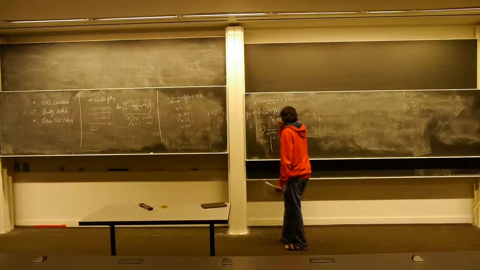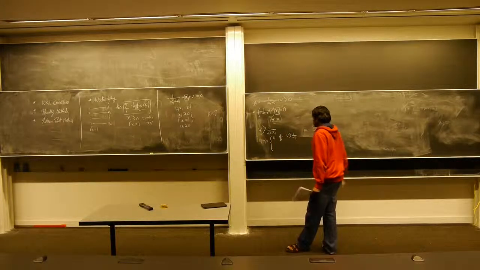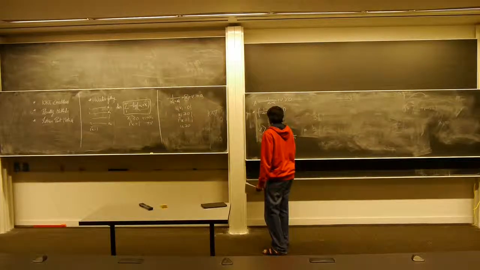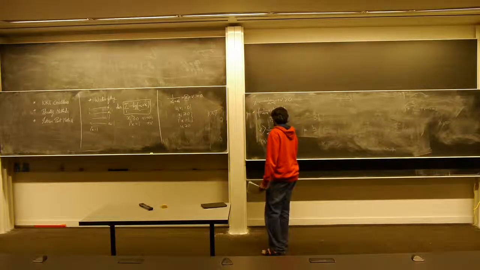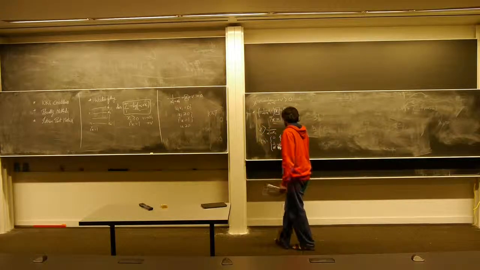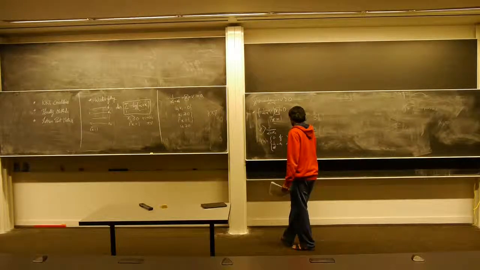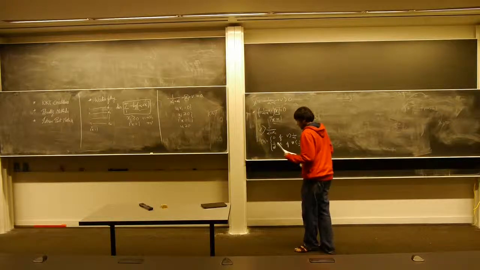Otherwise, it will be the other way around: it's 1 by v minus alpha.